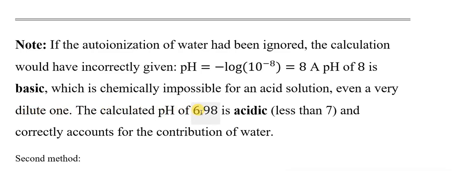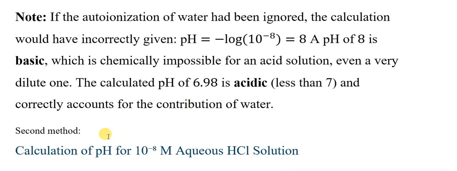The calculated pH of 6.98 is acidic, less than 7, and correctly accounts for the contribution of water. If we add the self-ionization of water, then the pH is less than 7. If we do not include the self-ionization of water, the pH will go above 7. That is wrong. This is one method for calculating the pH of HCl. In the next video we will discuss the second method.